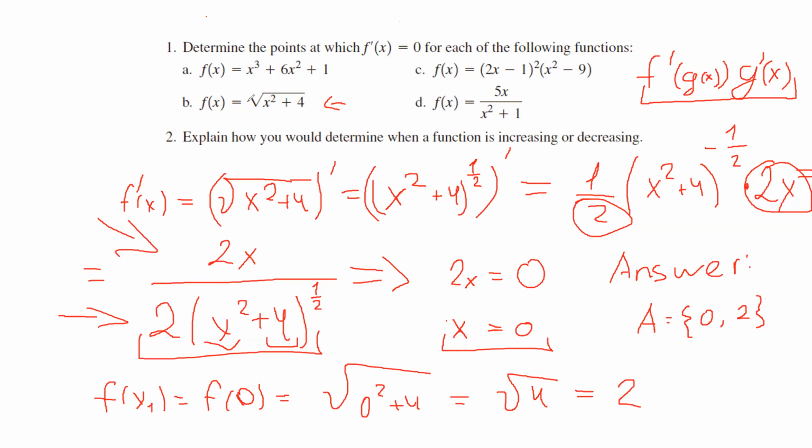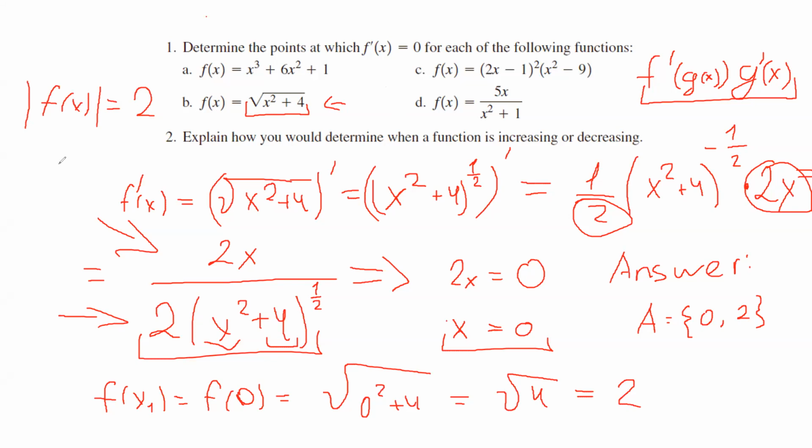But I would like you to think, the square root of 4, is it only 2 or is it also negative 2? Also negative 2, right? So basically, what we see here is that the modulus of f of x equals 2, right?